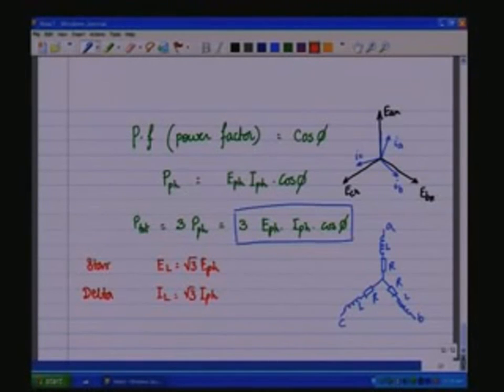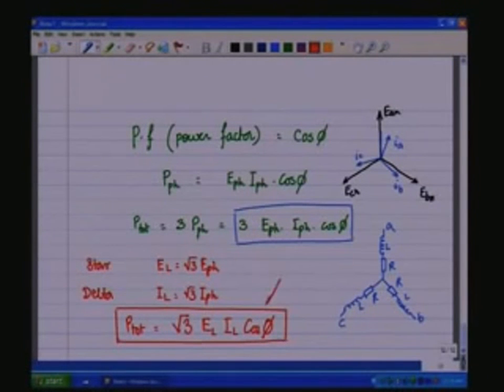If we substitute here, in both the cases you will see that P total will be root 3 E line I line cos of phi. So, this will be the total active power that is drawn by the load in the case of a 3-phase circuit.